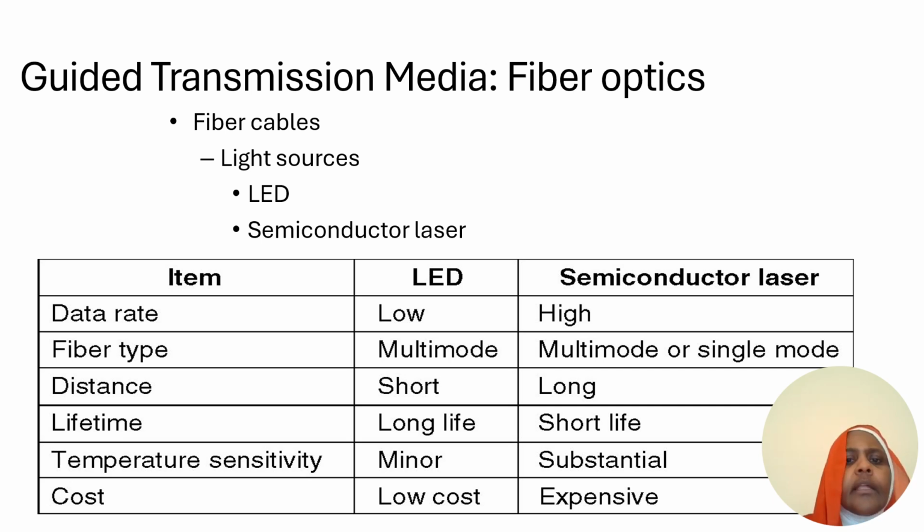For LED, the technology costs less, has a longer lifetime, and has minor sensitivity to temperature, but it has a lower data rate, works only in multi-mode, and has a shorter distance. While the semiconductor laser has a higher data rate, works in multi-mode and single mode, and goes for longer distances, but it has a shorter life, is affected substantially by temperature, and is really expensive.